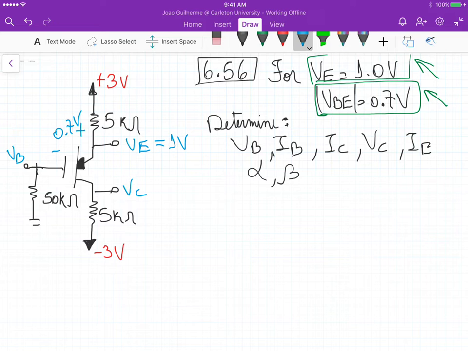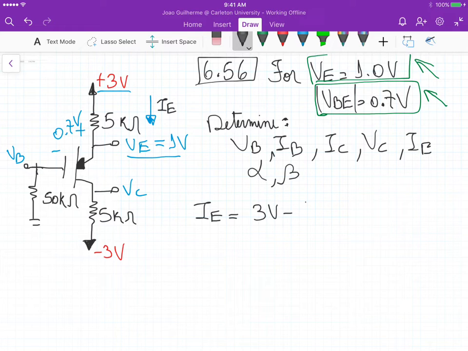Now if we look at the circuit and especially at the emitter branch, we know the voltage up here, we know the voltage down here. So if we know the potential difference across a resistor, we can calculate the current flowing through that resistor, right? And in our case, this is actually the emitter current. So the emitter current in this problem is equal to those 3 volts minus VE, which is 1 volt, divided by those 5k ohms.